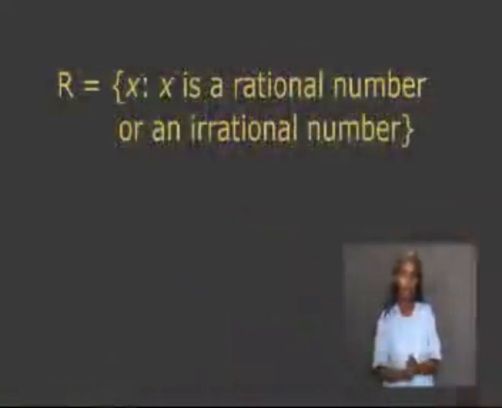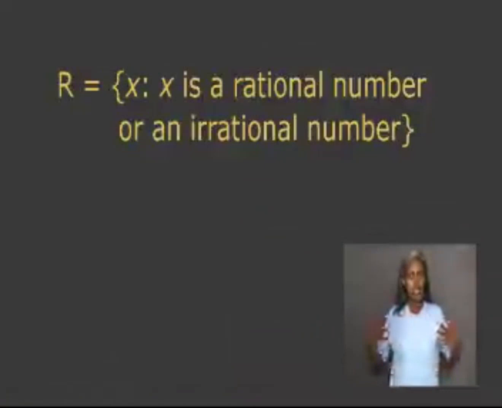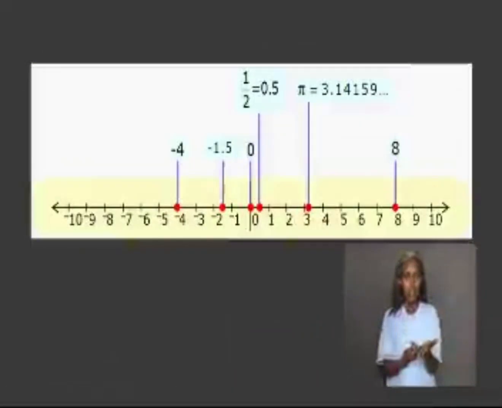The set of real numbers, denoted by R, is described as the union of the sets of rational and irrational numbers. Here, we include the irrational numbers like pi.